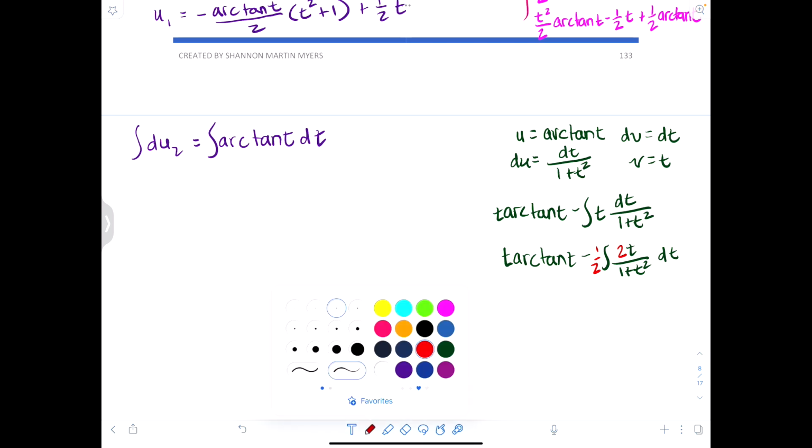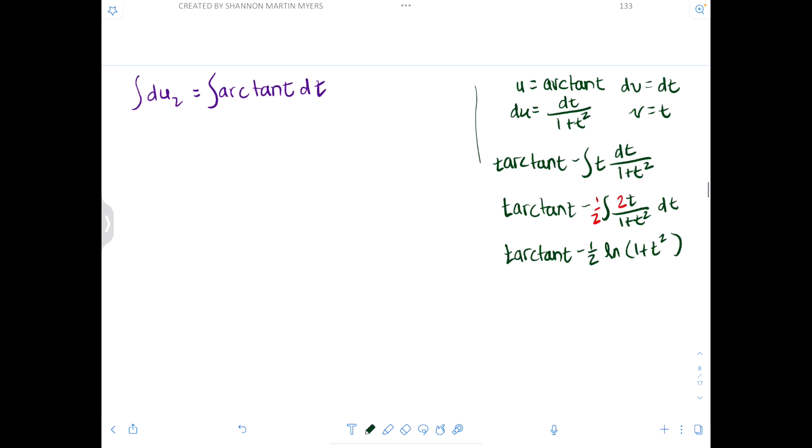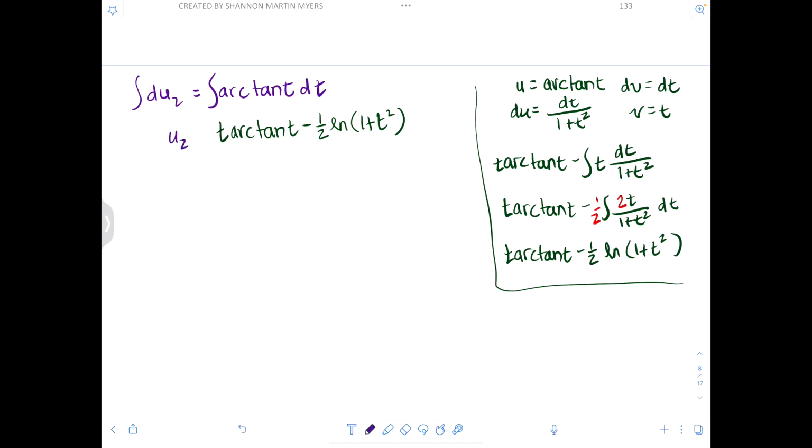And then we'll get t arctangent at t minus 1/2 times natural log of 1 plus t squared. Crazy, huh? All right, so plugging that one in, and this would be my u2 over here.